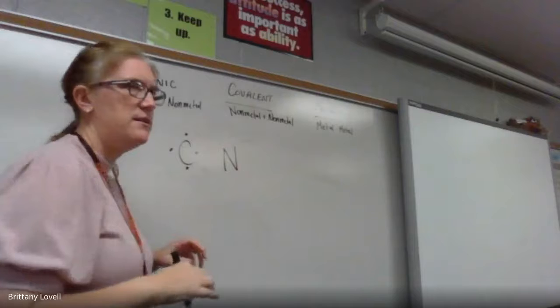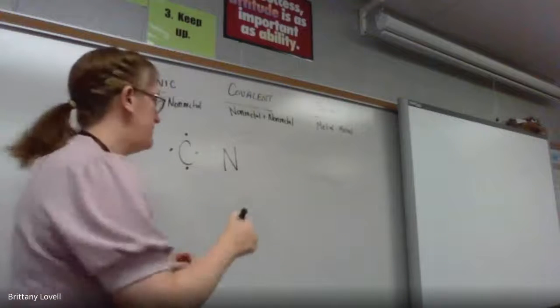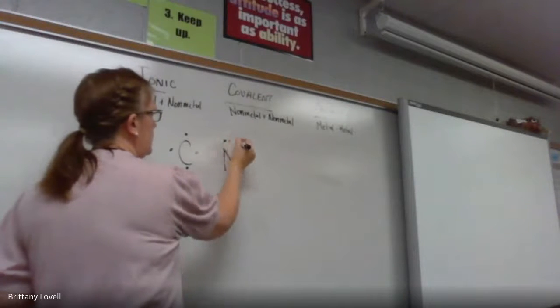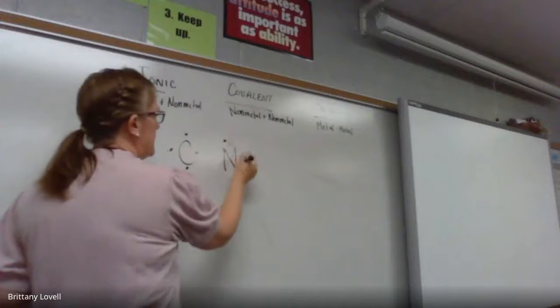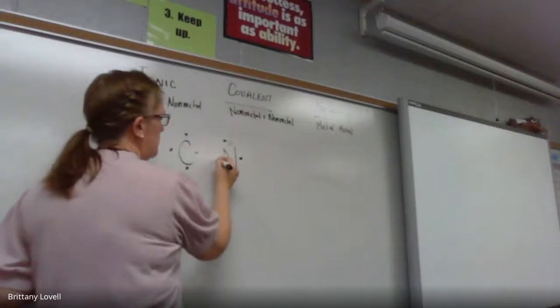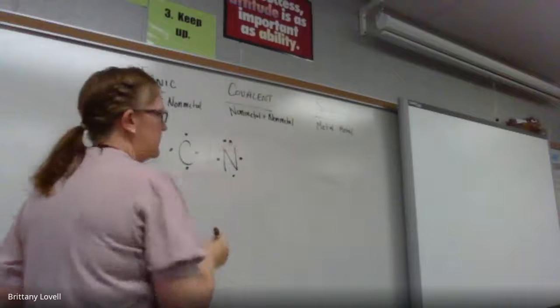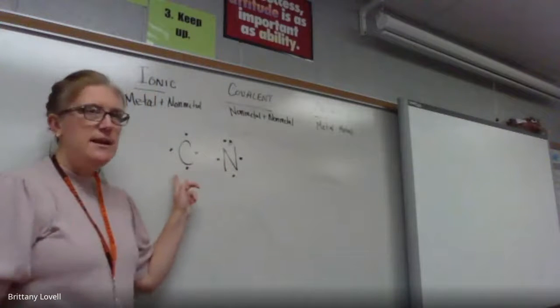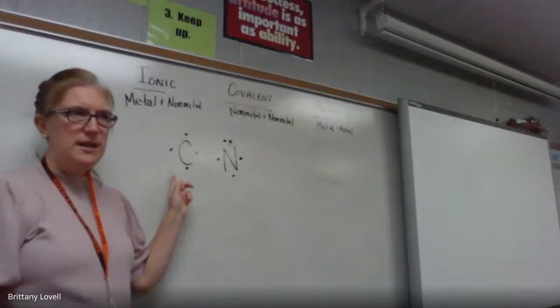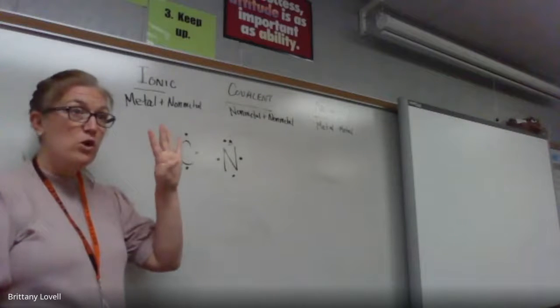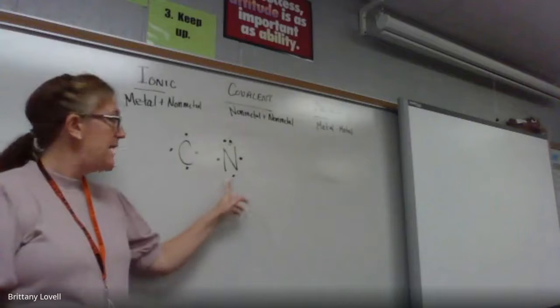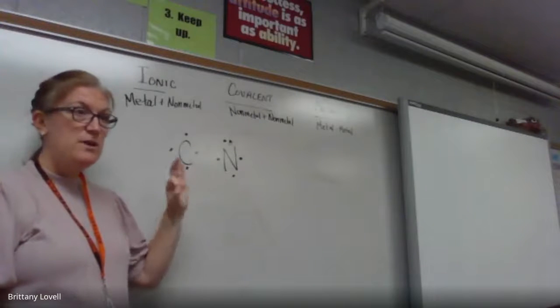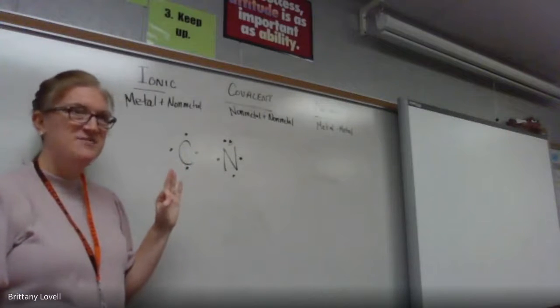How about nitrogen? 1, 2, 3, 4, 5. Now let me ask you this. How many bonding spots does carbon have when it's written like this? 4. It's got 4 bonding spots. How many does nitrogen have? 3. That's unfortunate, isn't it?